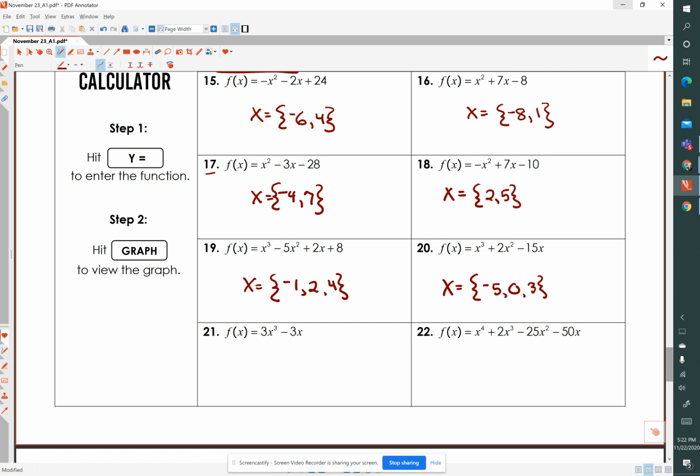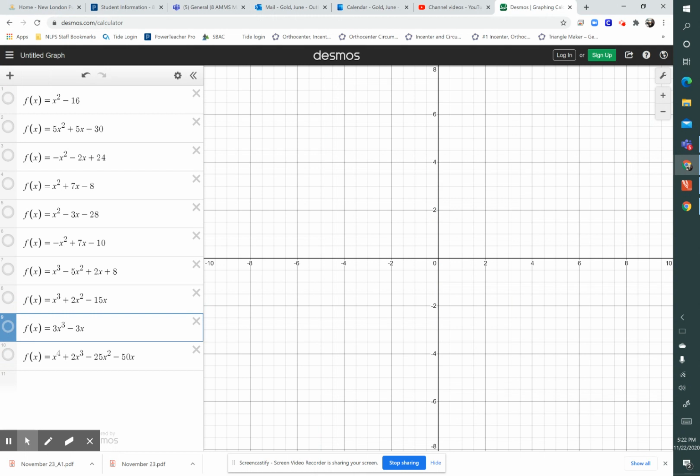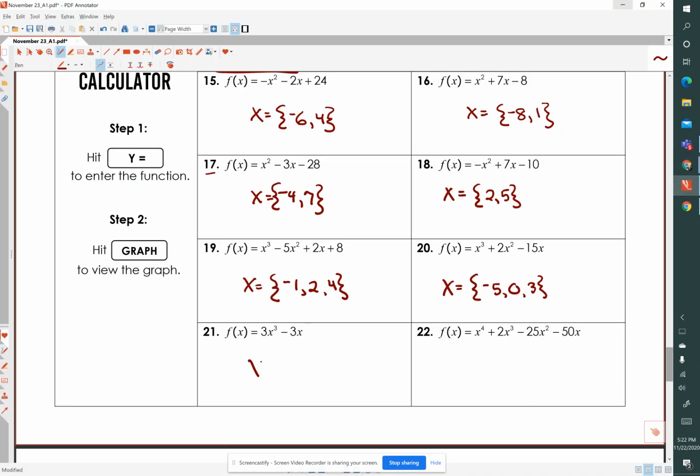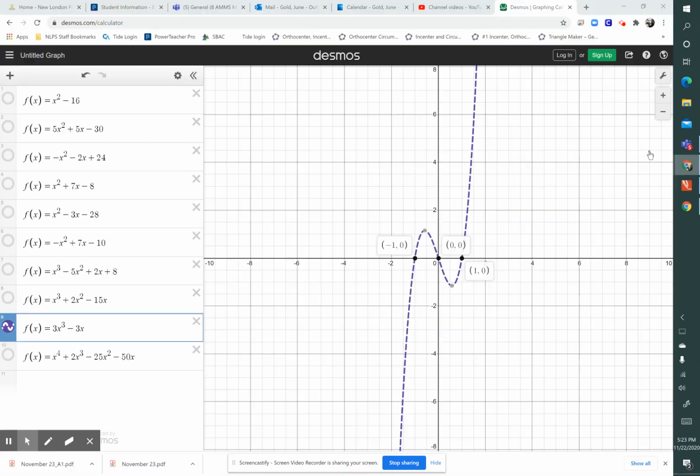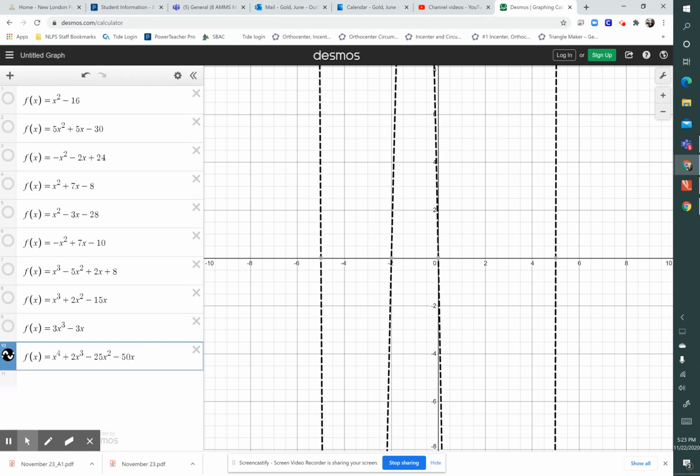And the last two on this page, number 21. This is a cubic. It crosses the x-axis 3 times. It crosses at -1, 0, and 1. And the last problem on this page: x to the 4th power plus 2x to the 3rd power minus 25x squared minus 50x.